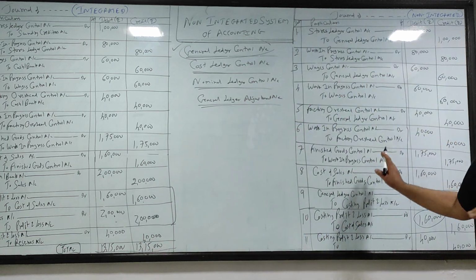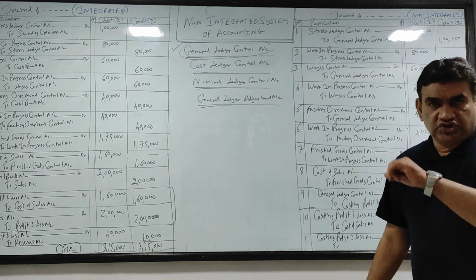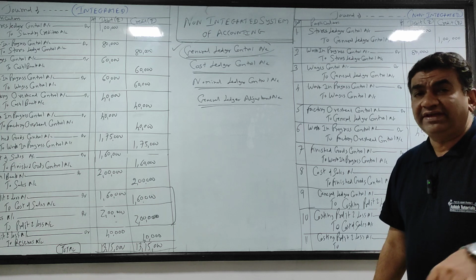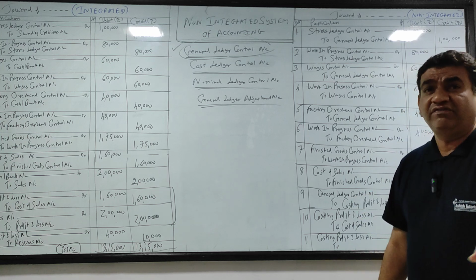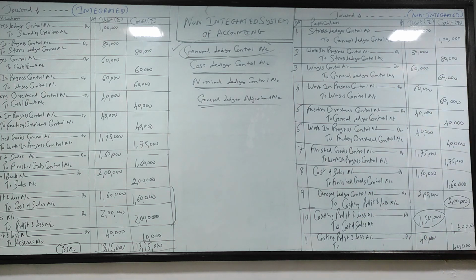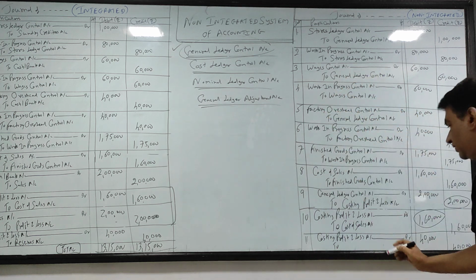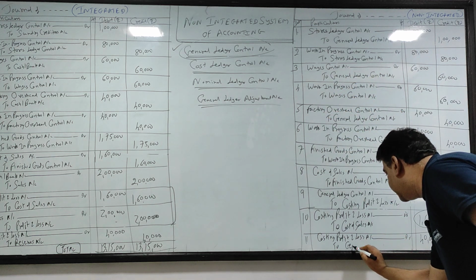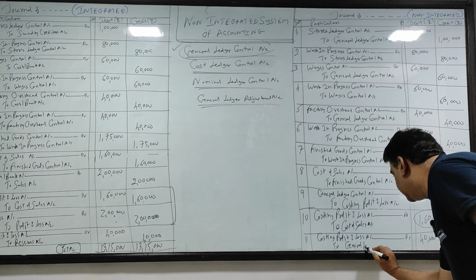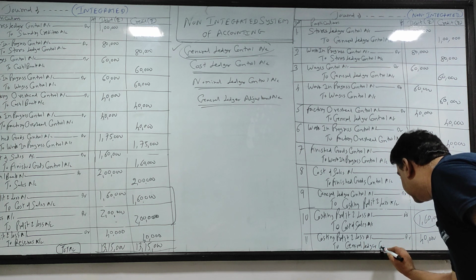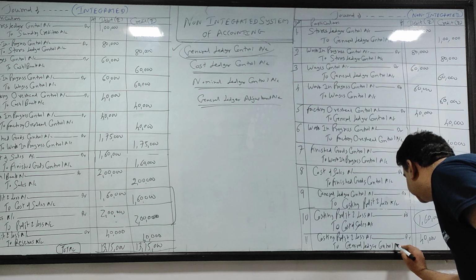Here it doesn't make a difference. Whether it is a sole trader, a partnership, an LLP, a company, private limited or public limited, we have our own special account. So what I will do here is general ledger control account.